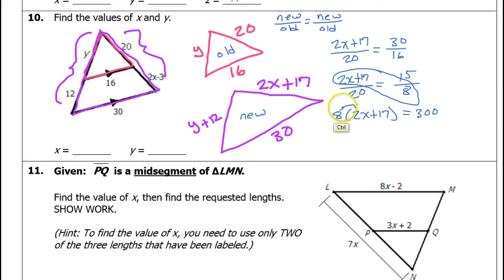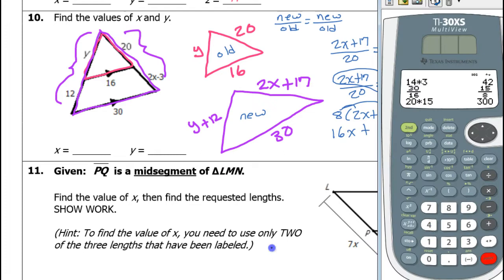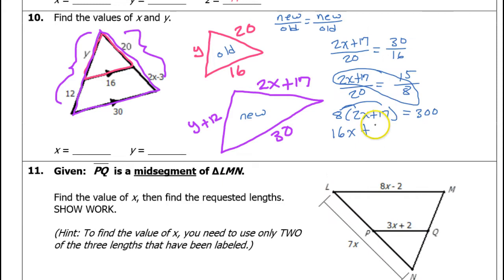Once you do the distributive property, then you will have 16x plus 136 is equal to 300.